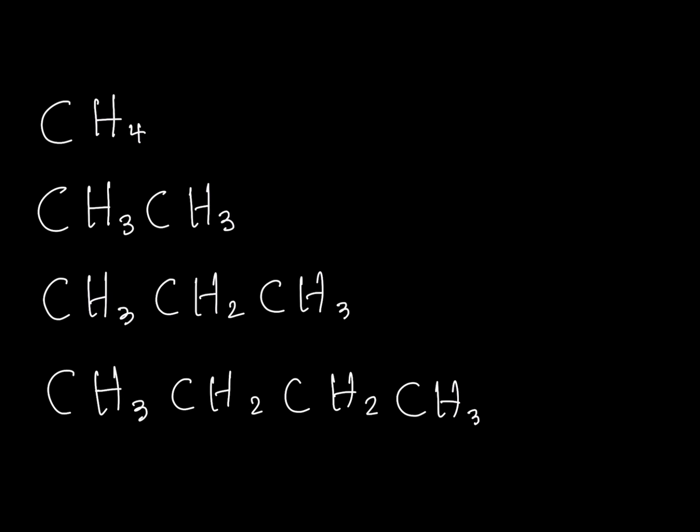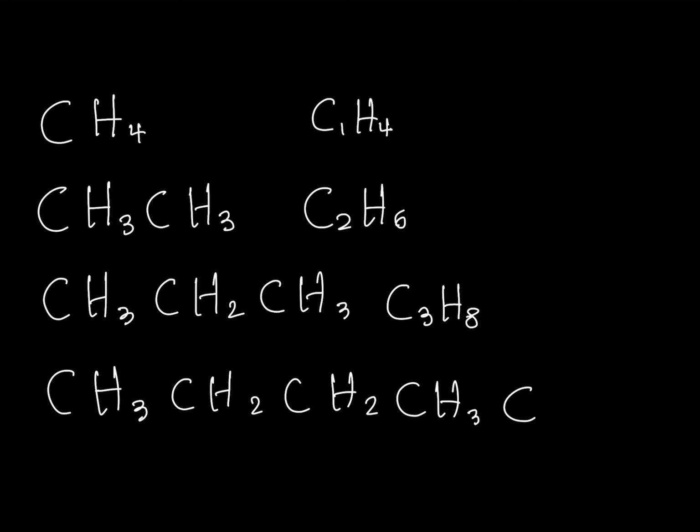So first we have methane, which has 1 carbon and 4 hydrogens. Then we have ethane, which has 2 carbons, 6 hydrogens. And then we have propane, 3 carbons, 8 hydrogens. And then we have butane, which is 4 carbons, 10 hydrogens.